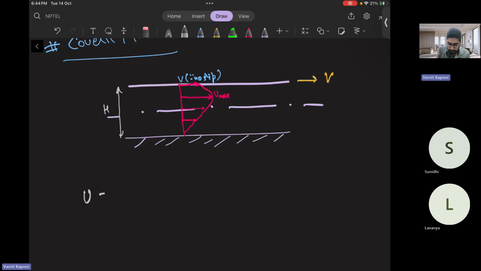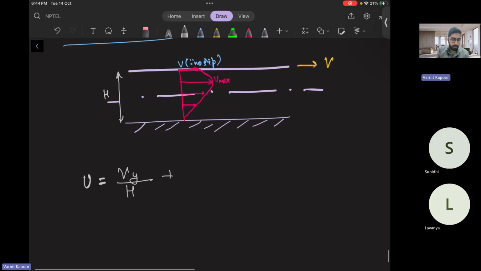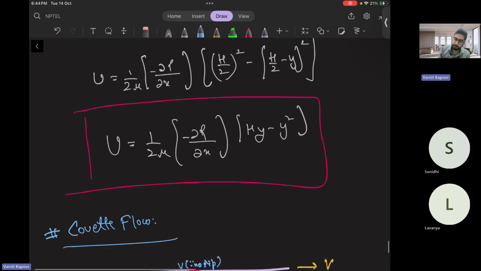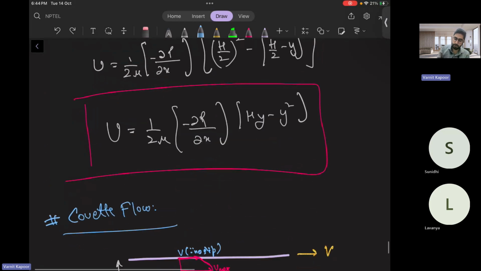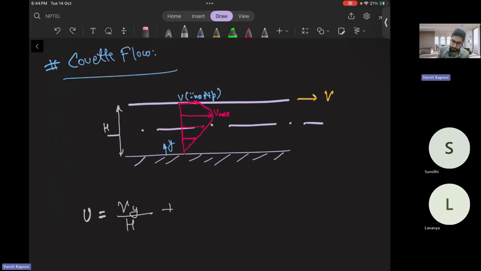So here the relation will be nothing but a linear profile assumption. We will assume Vy by H plus the same relation as above, if we are measuring y from the base. So if I'm measuring y from the base, this relation will hold. Plus 1 by 2 mu into minus dou p by dou x into hy minus y square.